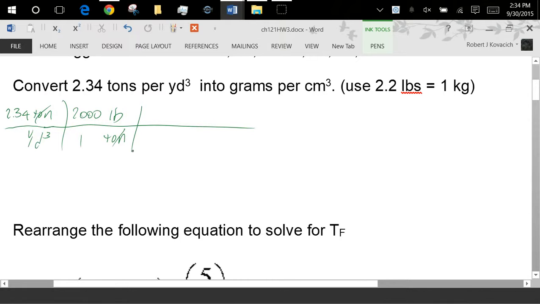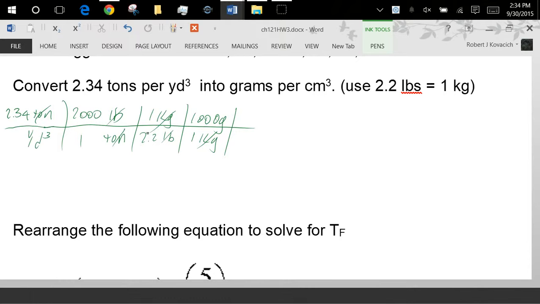And then I did give you pounds and kilograms: there are 2.2 pounds in 1 kilogram. And then 1 kilogram gives me 1,000 grams. All right, so I have my gram unit where I want it in the numerator. I need to get rid of that cubic yard and turn it into cubic centimeters.